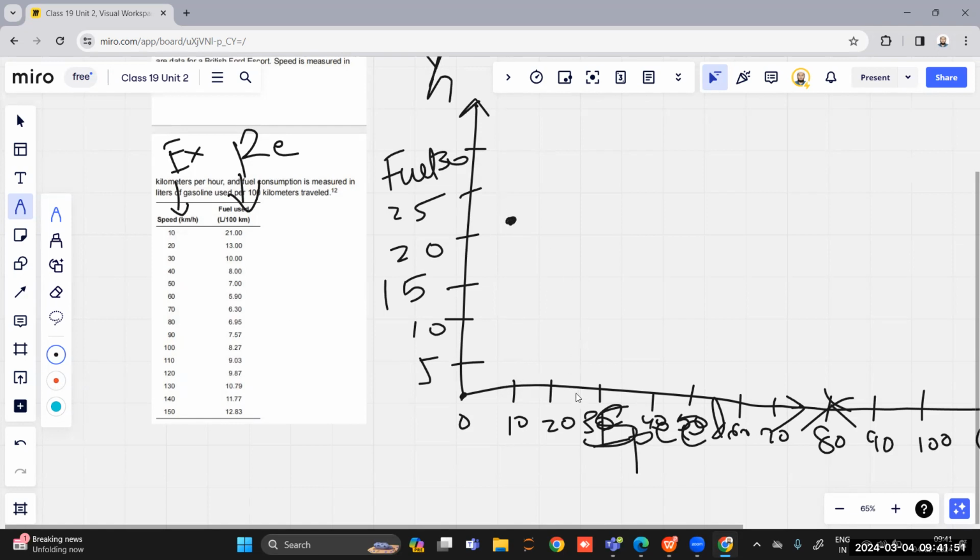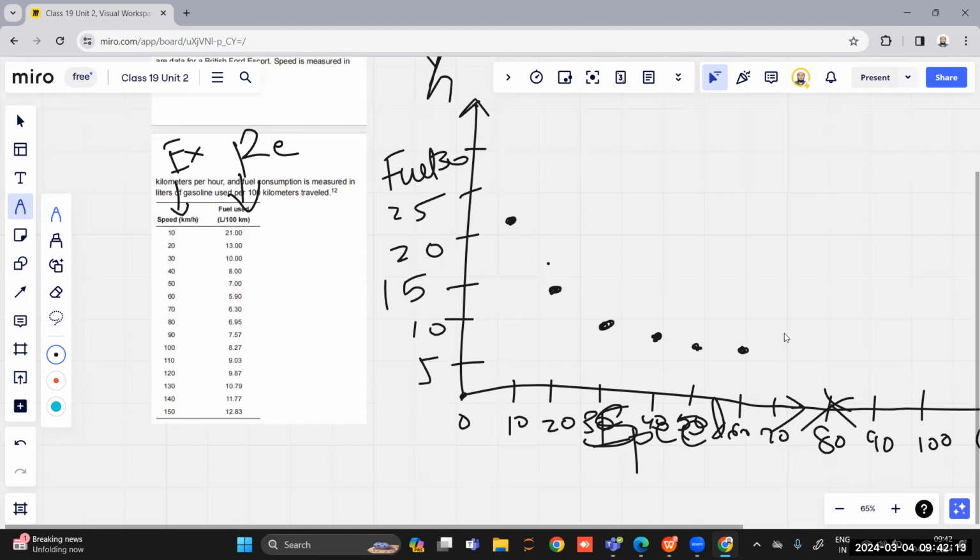For 20, it was giving 13. For 30, it was giving 10. For 40, it is giving 8. For 50, it is giving 7. For 60, it is giving 5.90.